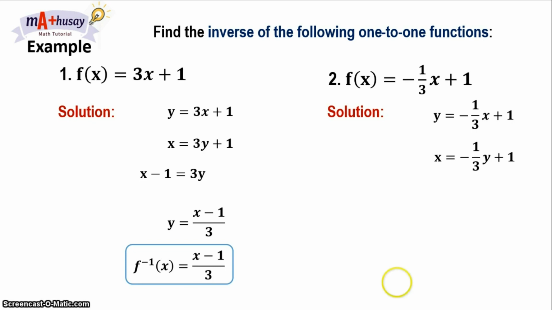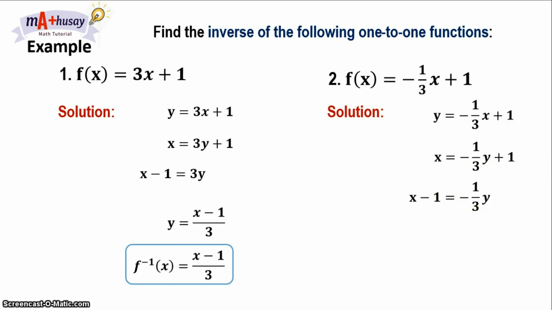Now, to solve for the new value of y, ang gagawin natin, ililipat natin si positive 1 sa left side ng ating equation. So, we have x minus 1 equals negative 1/3 y. So, since nagsosolve tayo ng new value of y, mas mainam na tanggalin natin itong fraction sa ating y.